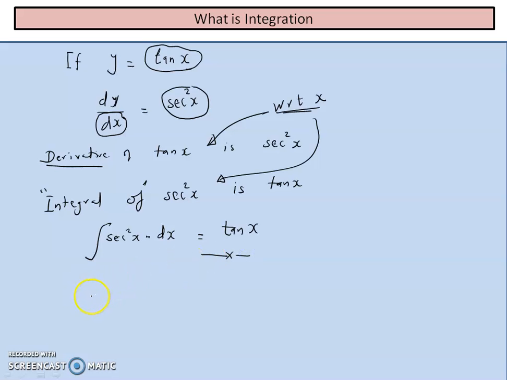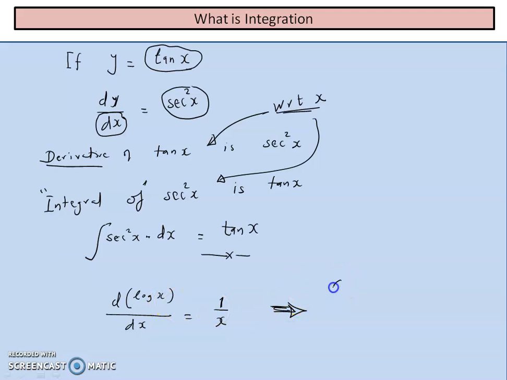Come, now I will give you one more example. What is the derivative of log x with respect to x? It is 1 upon x. Now this gives me, if I write integration of 1 upon x with respect to x, it will be log x.